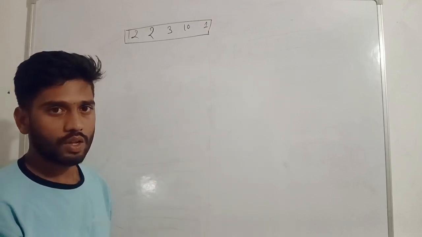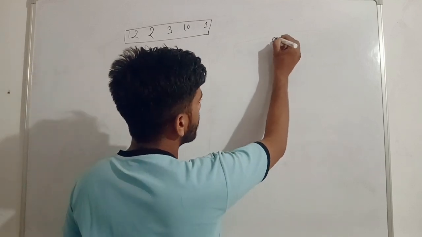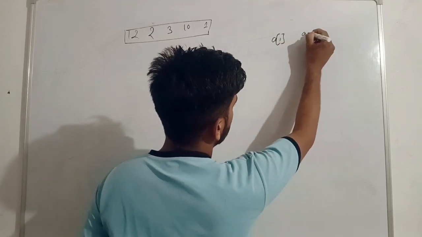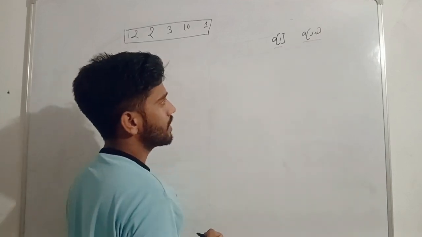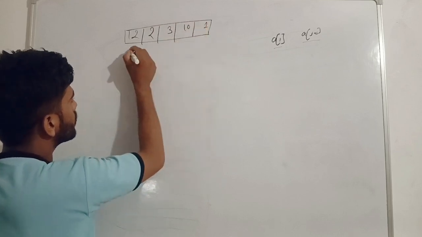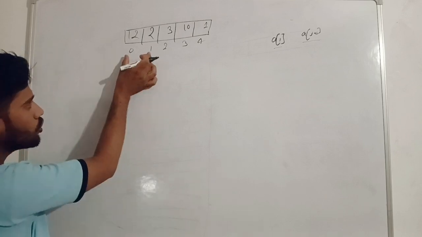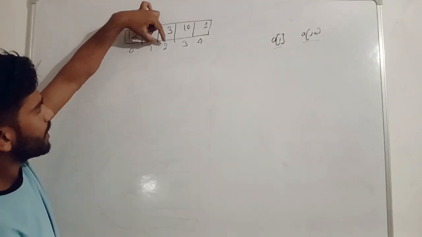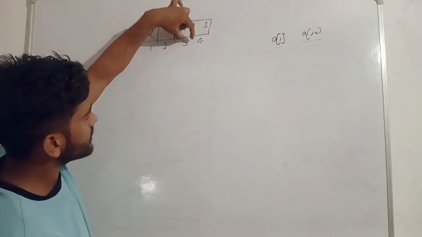Adjacent elements means array of i and array of i+1. If we look at the indexes 0, 1, 2, 3 and 4, then 0 and 1 are adjacent elements, 1 and 2 are adjacent, 2 and 3 are adjacent, and 3 and 4 are adjacent.